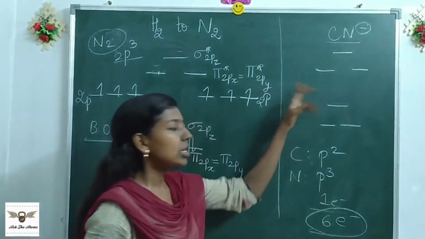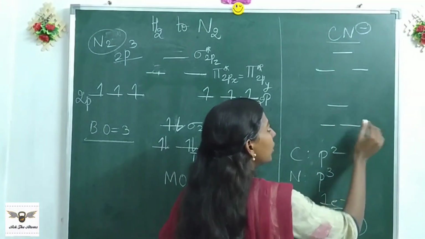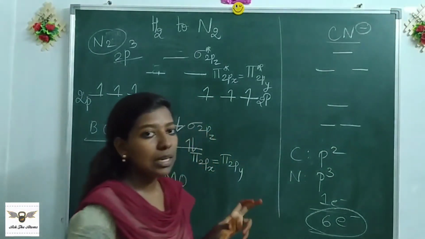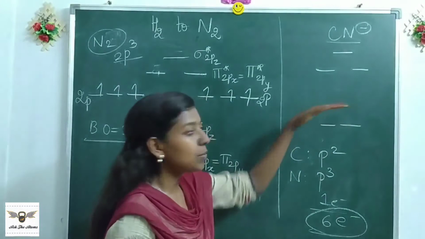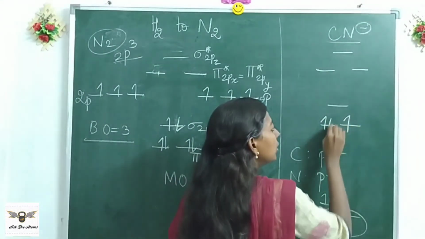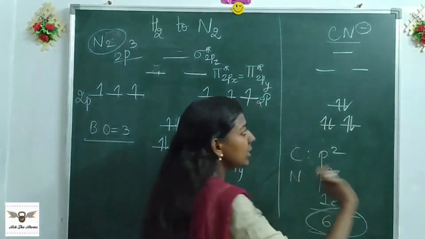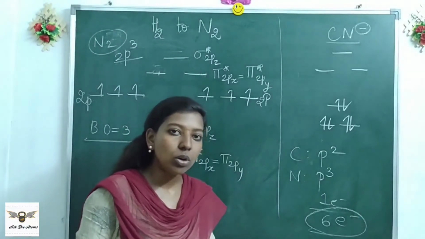So put the 6 electrons into the orbitals. First start from the lower. Since CN comes under the category of boron to nitrogen, my pi comes below, then comes my sigma. So how do I fill the electrons? 6 electrons. 1, 2, 3, 4, 5, 6. It is done. So how do I predict the bond order for CN minus?